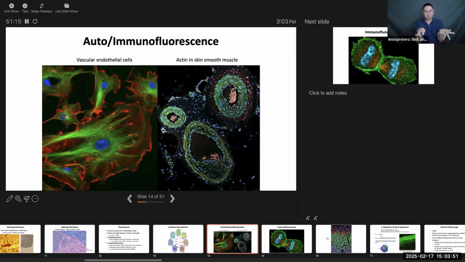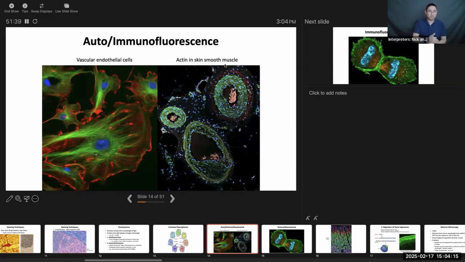So all of those green strands are actin. And then there's some kind of red fluorophore that's targeting something probably on the surface of the cell, something on the cytoplasm on the outside. So we've got three different antibodies targeting three different molecules in the cell, each one carrying a different colored fluorophore. So you get these vivid, brightly colored pictures.